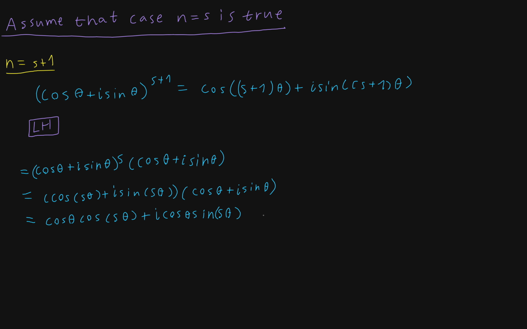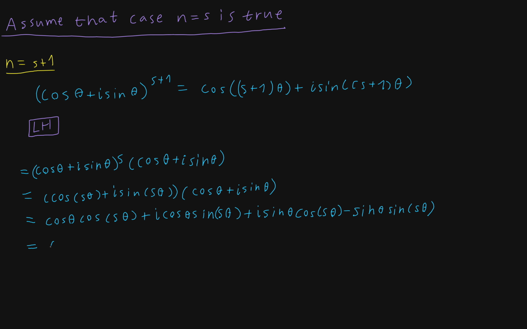Then carrying on, we're going to have i sine theta cosine s theta, and then minus sine theta sine s theta. Okay, now I'm going to rearrange this into its real and imaginary parts, or basically factor.